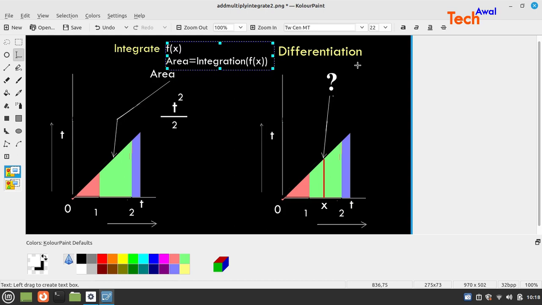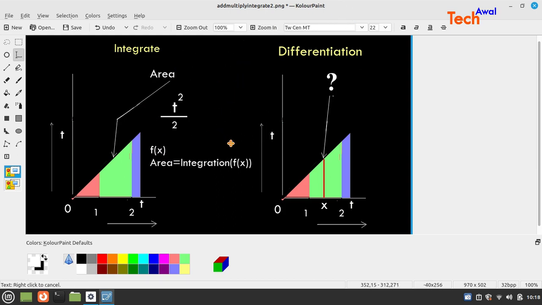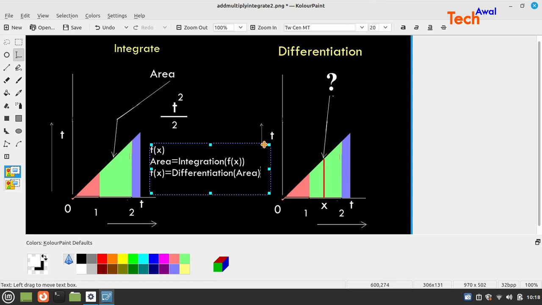Okay, if the area is integration of f(x), then f(x) is the differentiation of the area. So if we want to get back the f(x), then we have to do the differentiation of the area.